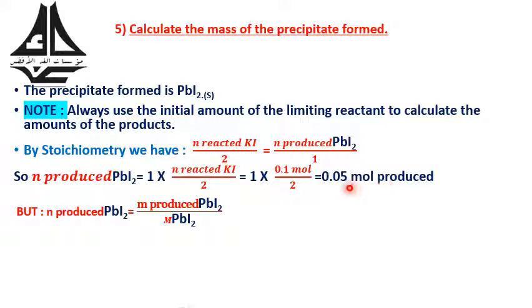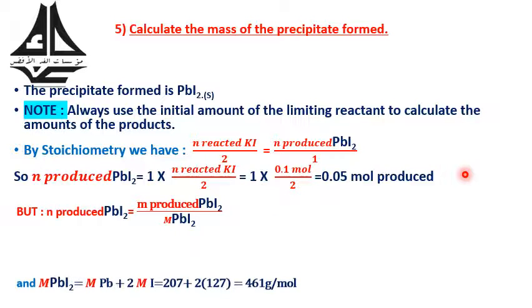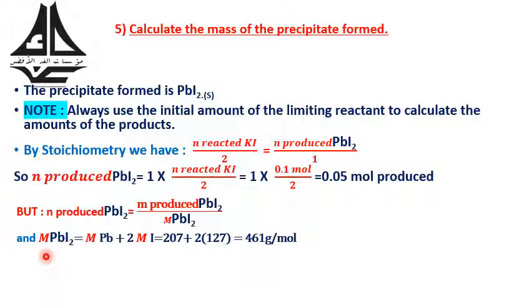Once we have found the number of mole of PbI2 produced, we can find the mass by applying the formula number of mole equals mass over molar mass. So remember that the molar mass of PbI2 is equal to molar mass of Pb plus 2 times the molar mass of I, equals 207 plus 2 times 127, equals 461 grams per mole.